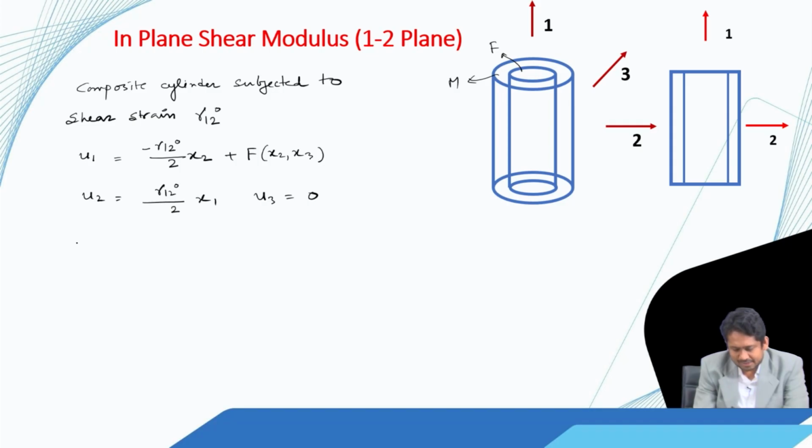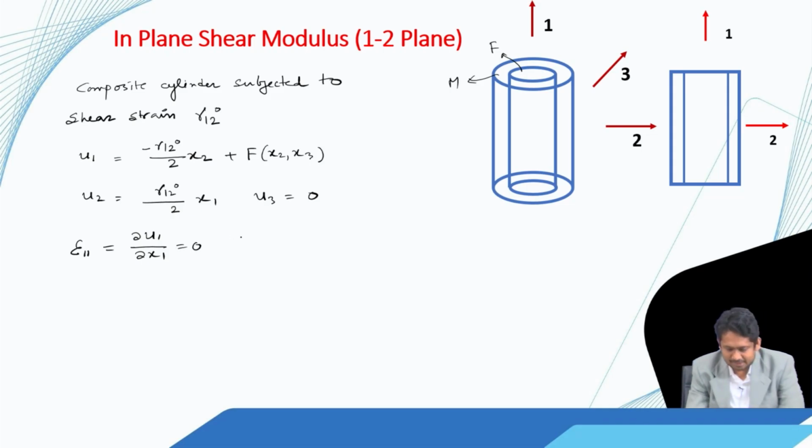So, with that we can write epsilon 11. Now, normal strain along direction 1 is related to the displacement along direction 1 as this, and if we evaluate with these assumptions, then the quantity becomes 0. Similarly, other normal components are also 0.